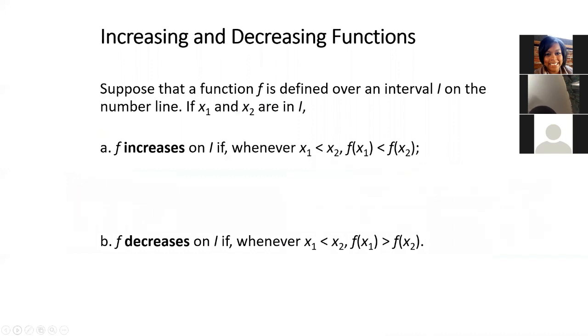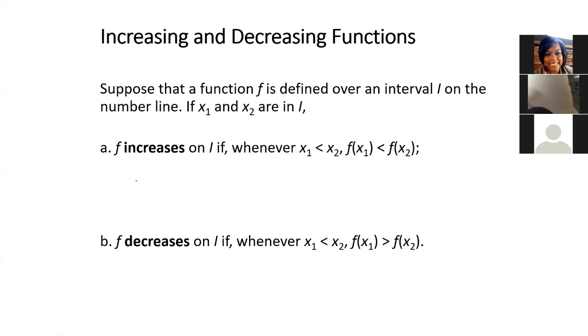Okay, so here, suppose that the function f, this is just a very formal definition. F is increasing on the interval if whenever my x1 is less than my x2, f of x1 is also less than f of x2.